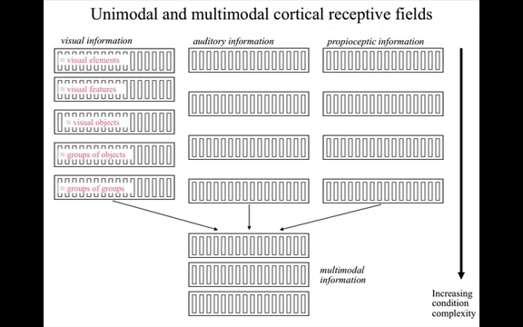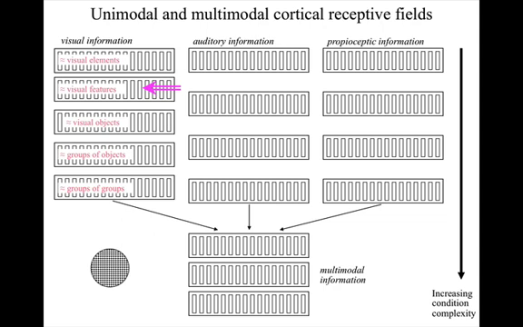In the monomodal visual processing areas, receptive fields close to sensory input are able to discriminate between different elements in the visual field, like the example from area V2 in the bottom left.